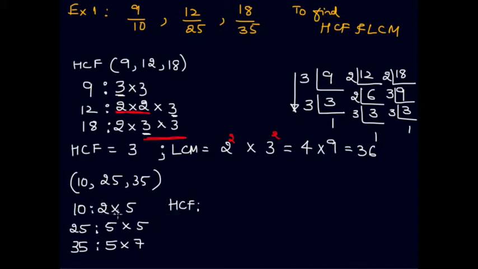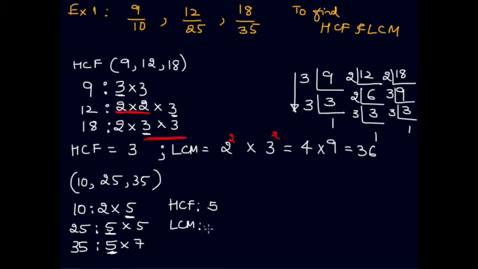We have to check for all the common factors. 2 is only present in 10. So let's do 5 here. Yes, 5, 5. Okay, so 5. And is there anything else? 7 is only in 35, so it's not common.